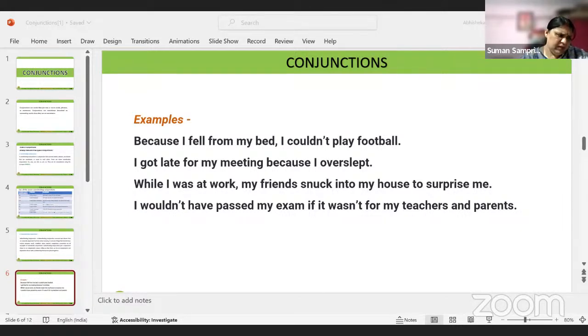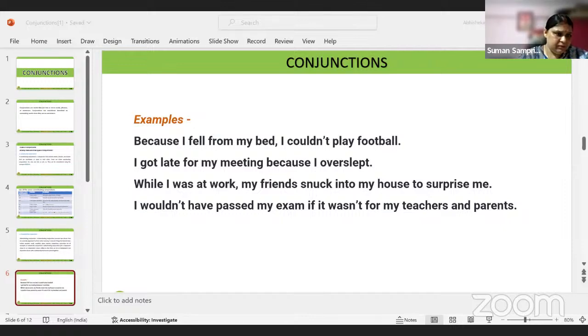Yes, Kirtana has written she brought sandwiches as well as cookies for lunch, which is showing another example of subordinating conjunction, that is joining what?